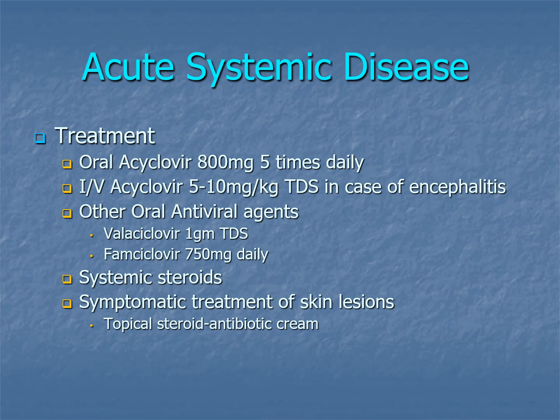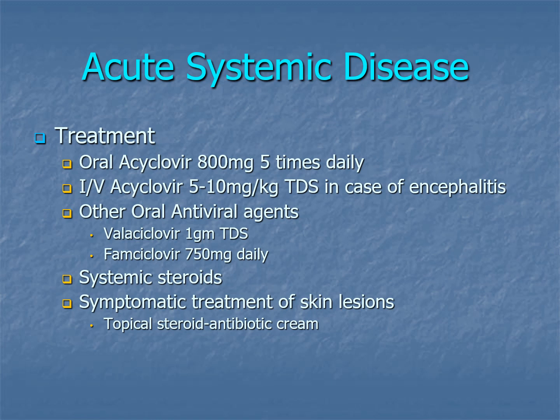We give 800 milligram 5 times daily. Intravenous acyclovir 5 to 10 milligram per kg in divided doses is needed where encephalitis is present. We can use other oral antiviral agents, valacyclovir and famciclovir.